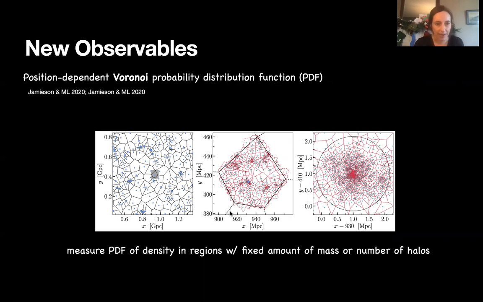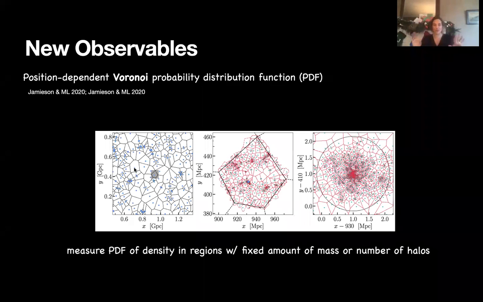So this is a plot from our paper just illustrating what this is. On the left side of this plot, all these blue dots show the positions of halos. And these cells here show a Voronoi tessellation of this volume. The Voronoi tessellation is a partition of the volume or the area here into regions with a fixed number of objects. So each cell here has one halo in it.